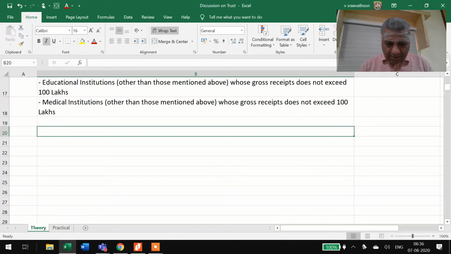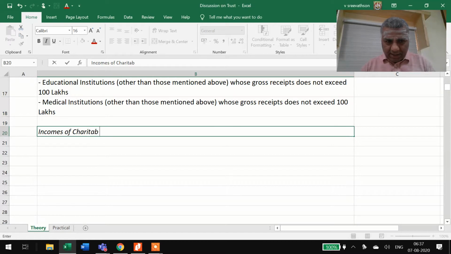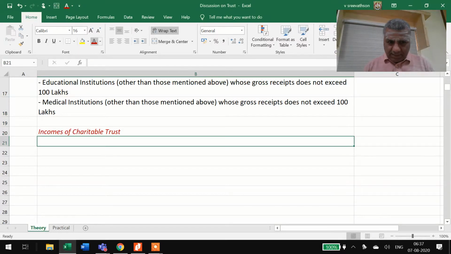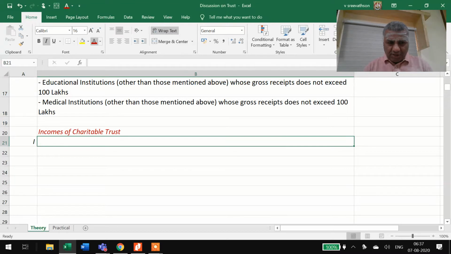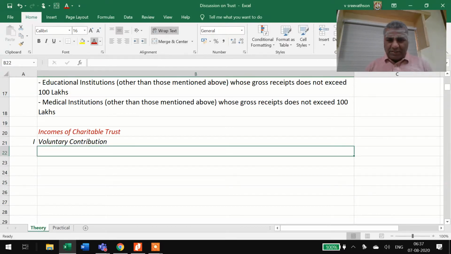Again, I ask the question: incomes of a charitable trust. What are all the incomes a charitable trust will get? Primarily, their first source of income is voluntary contribution. இதுதான் அவங்களுடைய first source, which you call donation, you call subscription.